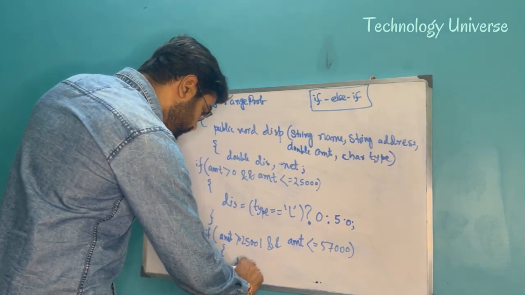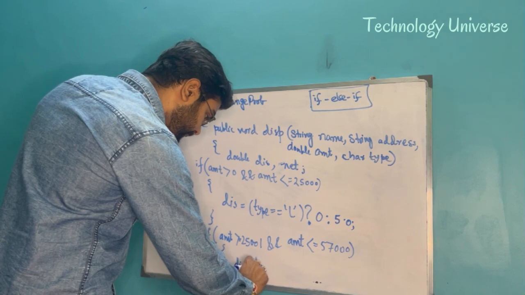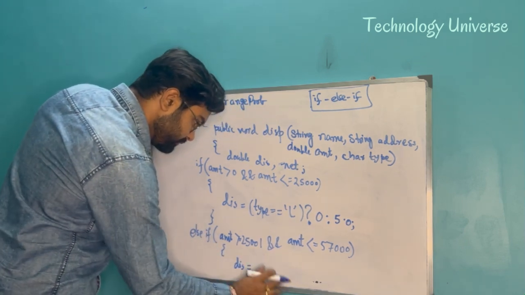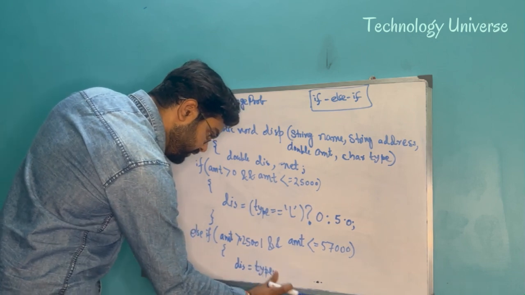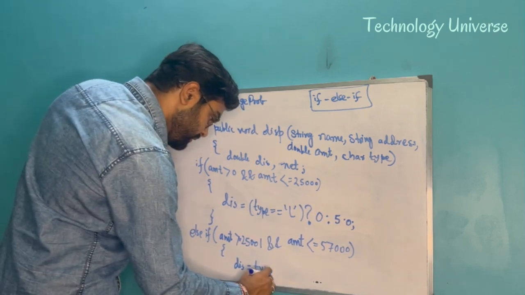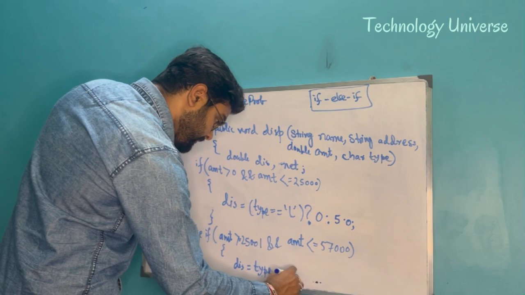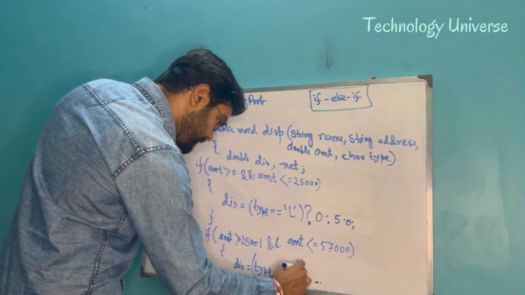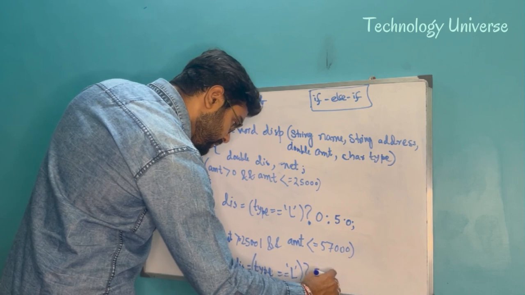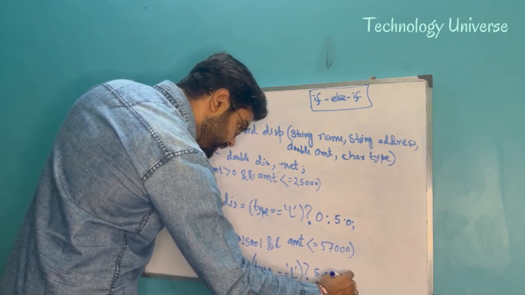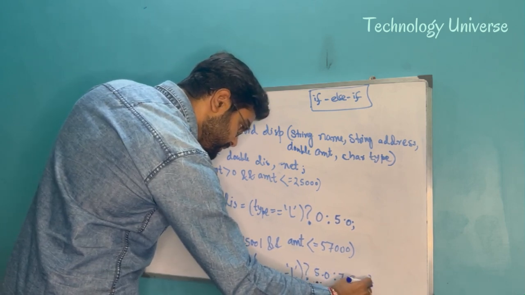So if the type is equal to L, then it's a 5% discount, and if it's a desktop, then it's 7.5%.